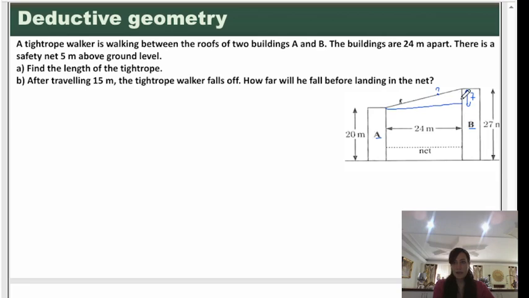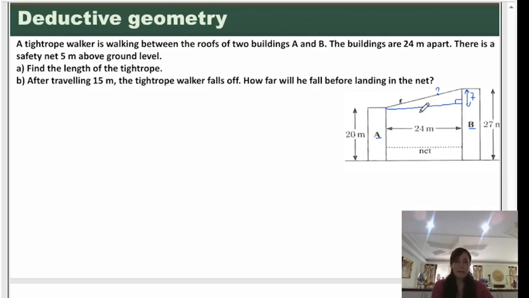And we know the height is perpendicular to the ground. If I draw a line parallel to the ground, this height would be perpendicular to that line. We know it.